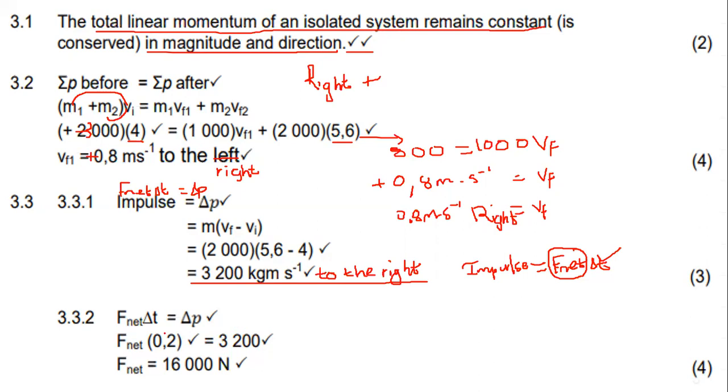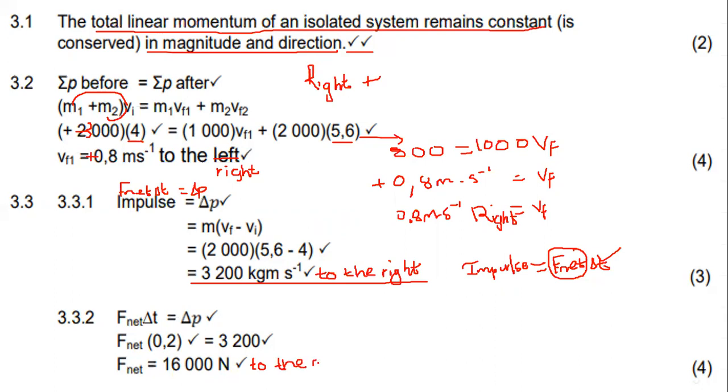And I see that the F net is going to be equal to 16,000 newtons altogether. And this 16,000 newtons is the magnitude of the net force. But I'm expecting the learners there to then include to the right. Why must you include to the right?